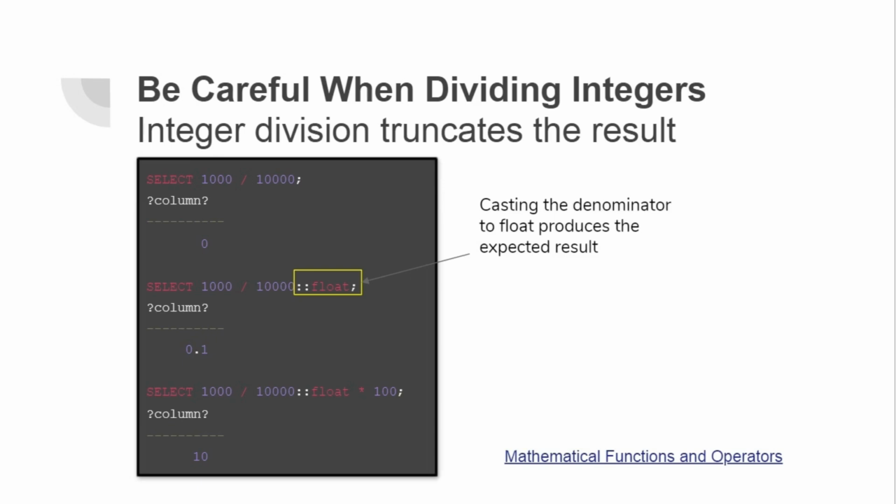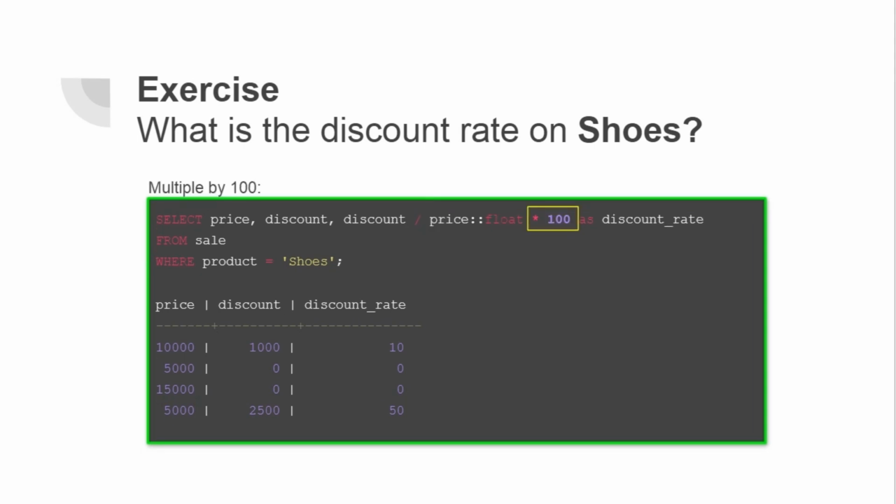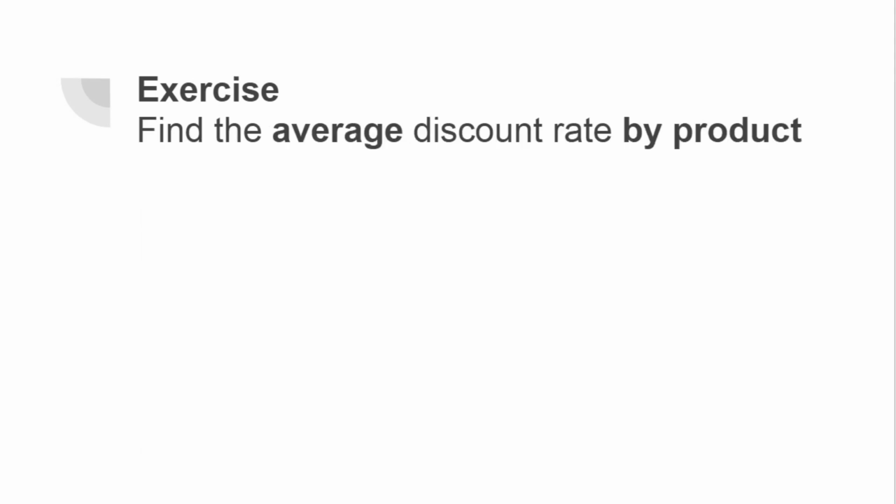But if you cast one of the sides to float, you get 0.1, and multiply by 100, you get the percent, which is 10%. This is great. If you put it all together, this is what you get, then multiply by 100, and we get the expected result.